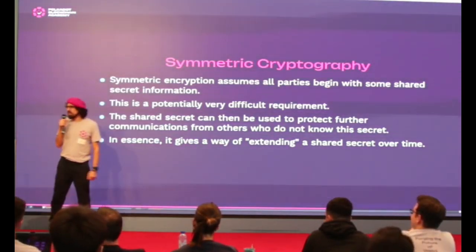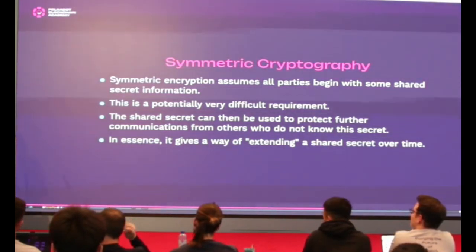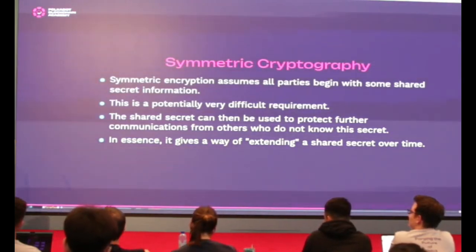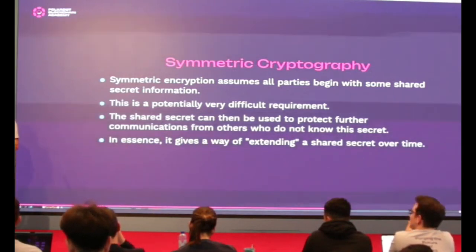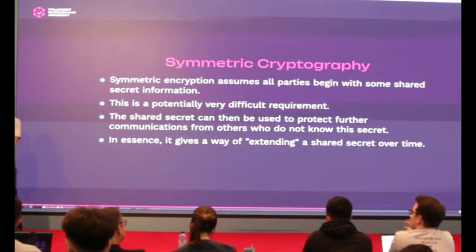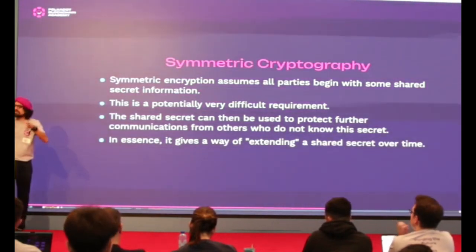I come to you in person, this is my private channel, and I say, let's agree on one word, like Polkadot Academy. And that will be our shared secret. Then symmetric cryptography helps me use that shared secret to generate more secret between us.